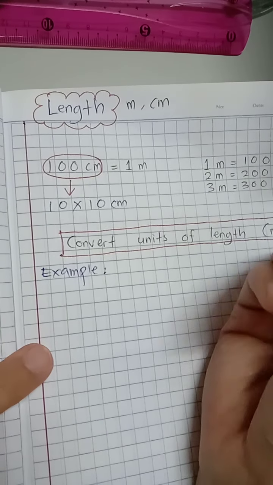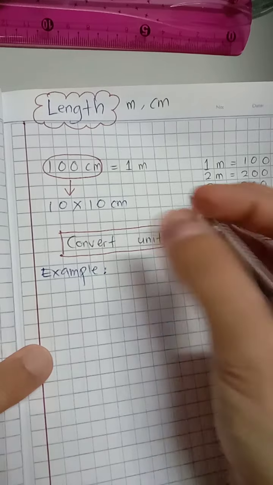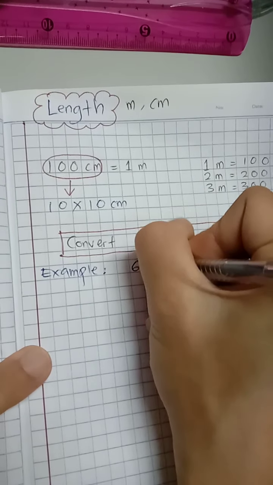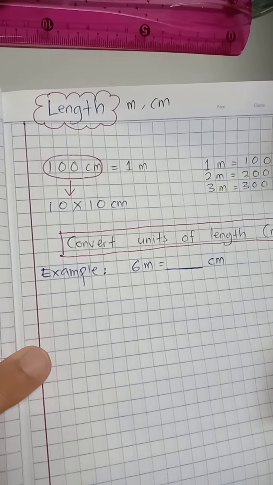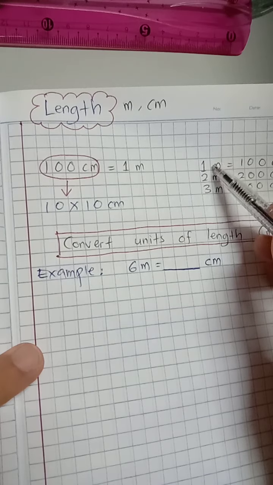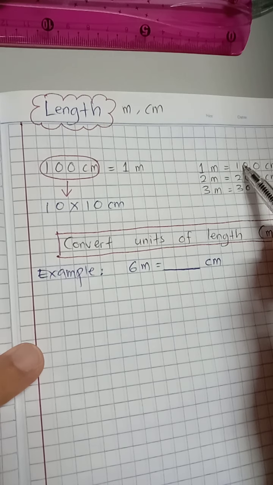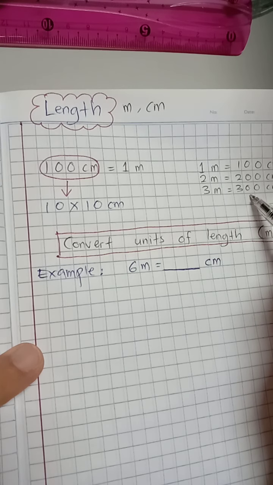Let's say it is 6 meter. We're going to convert it to centimeter. So if you see the pattern here, if you have 1, it will become 100. If you have 2, that is 200. If you have 3, that is 300.